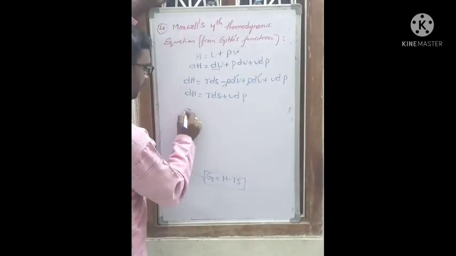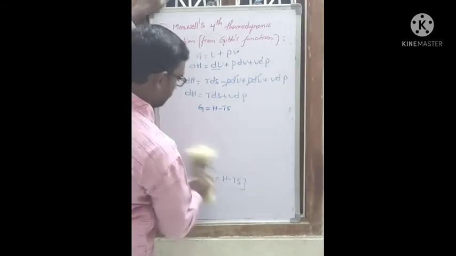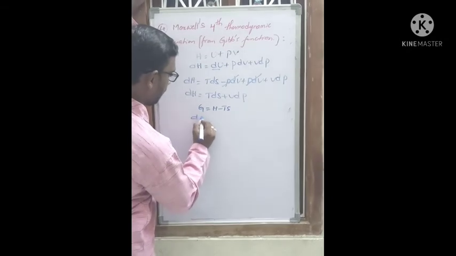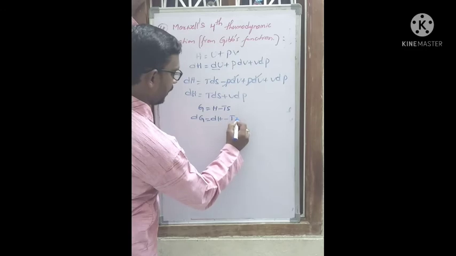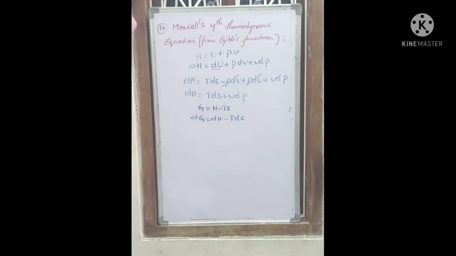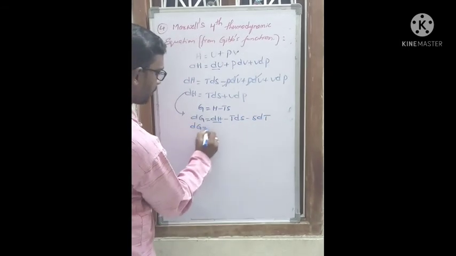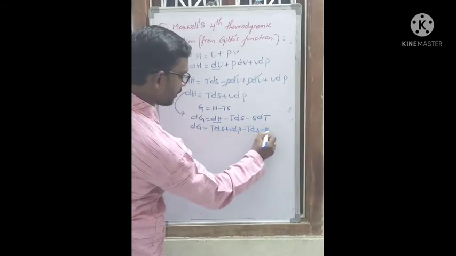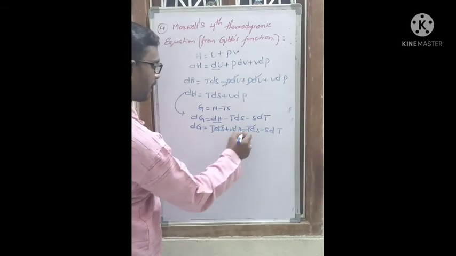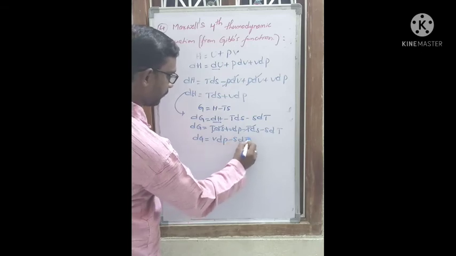Let us take the function G equal to H minus TS and differentiate on both sides. We get dG equal to dH minus TdS minus SdT. Substituting the dH value from above, dG is equal to TdS plus VdP minus TdS minus SdT. The TdS terms cancel, and finally we have dG equal to VdP minus SdT.